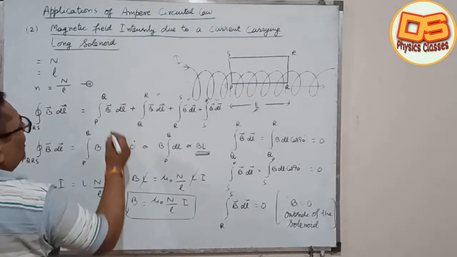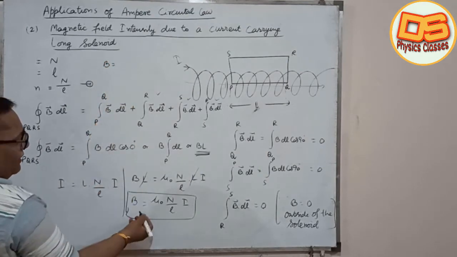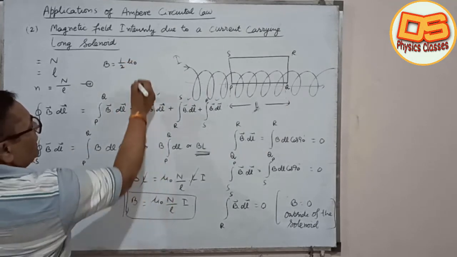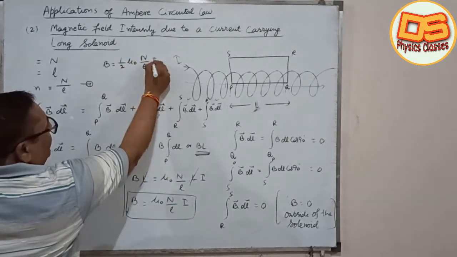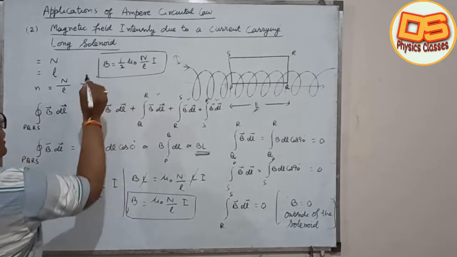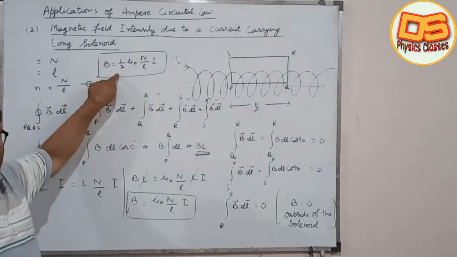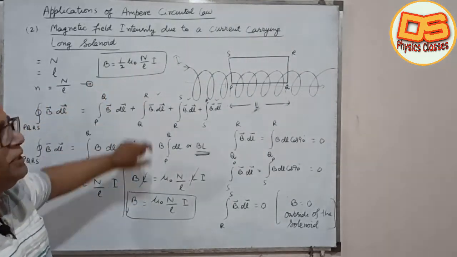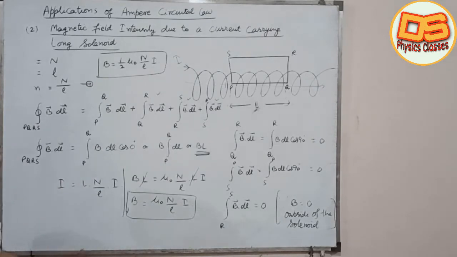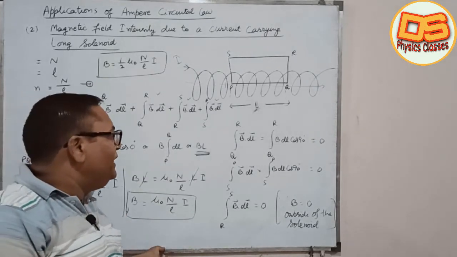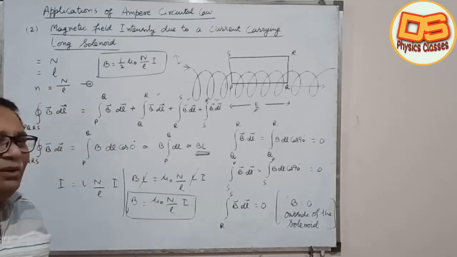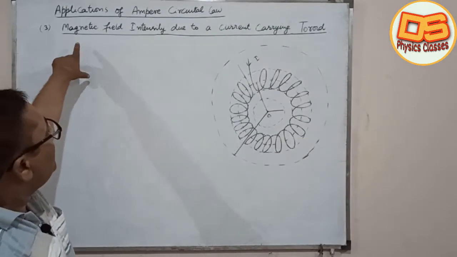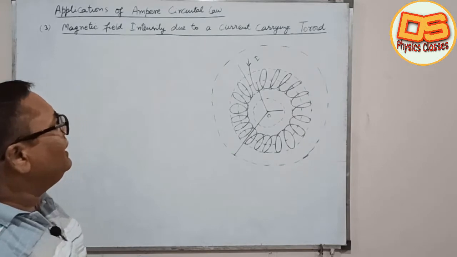So at the end of the solenoid, learn this expression: half mu 0 N upon L into I, because its derivation is not in your syllabus. Clear? So just remember it, because you will need this expression in numericals. This is the magnetic field intensity due to a current carrying long solenoid. Clear? Then the next part: magnetic field intensity due to a current carrying toroid.